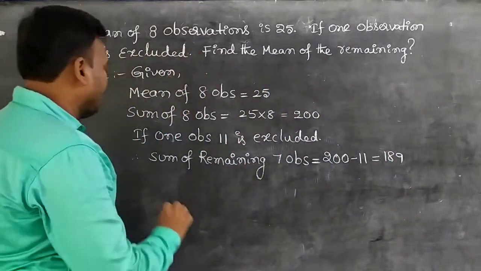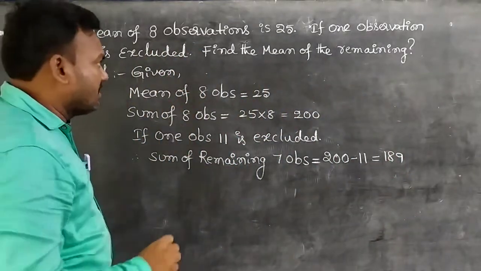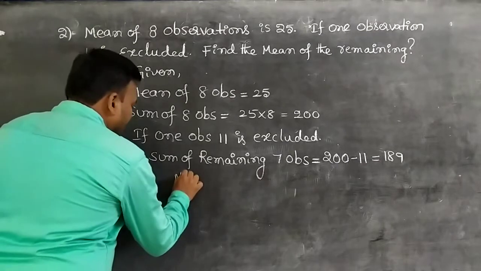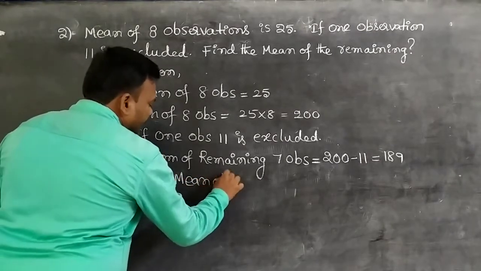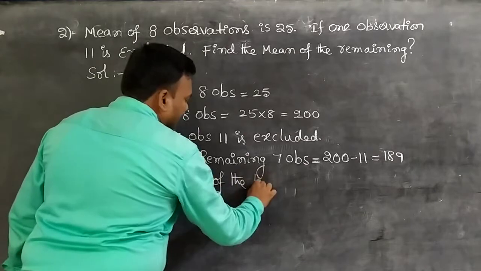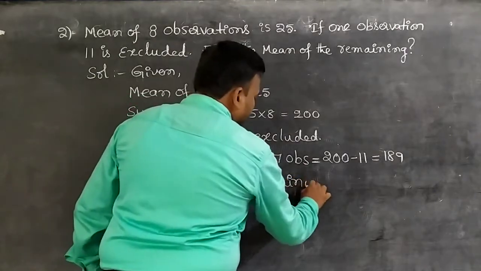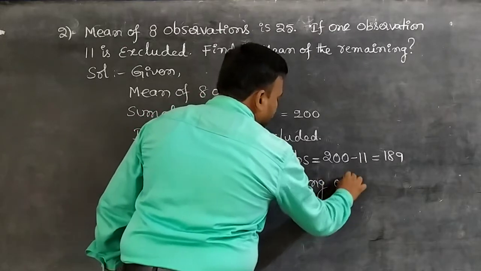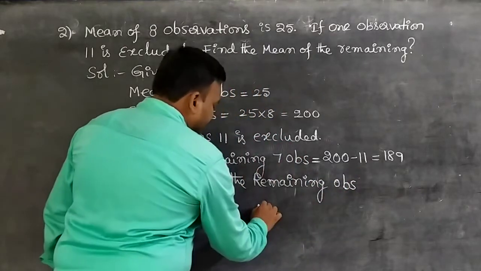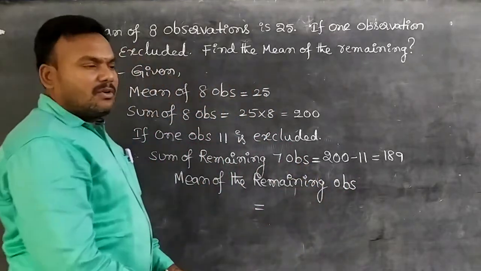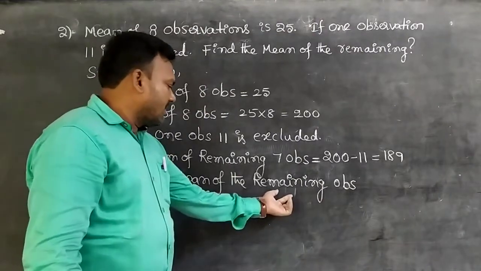Okay, right. Go for the mean of the remaining observations. The mean of the remaining observations equals, we know, sum of 7 observations by 7.